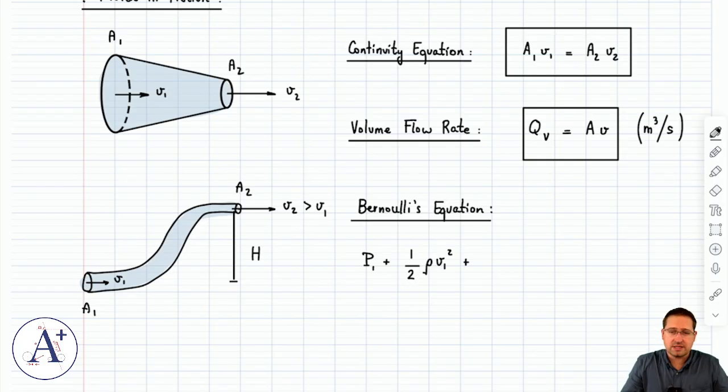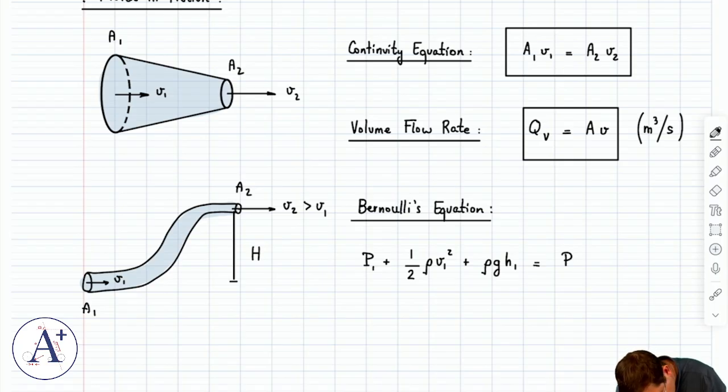That looks exactly like kinetic energy. It's kinetic energy per volume. It's called kinetic pressure. Plus rho G, well, I'll call it H1. Right. And then P2 plus 1/2 rho V2 squared plus rho G H2.